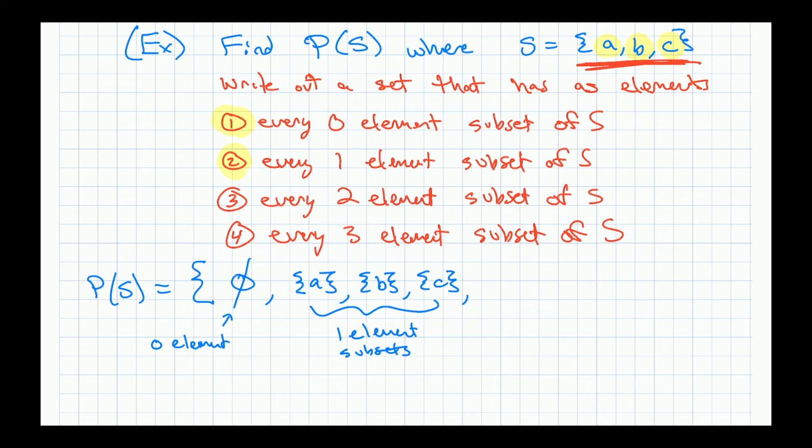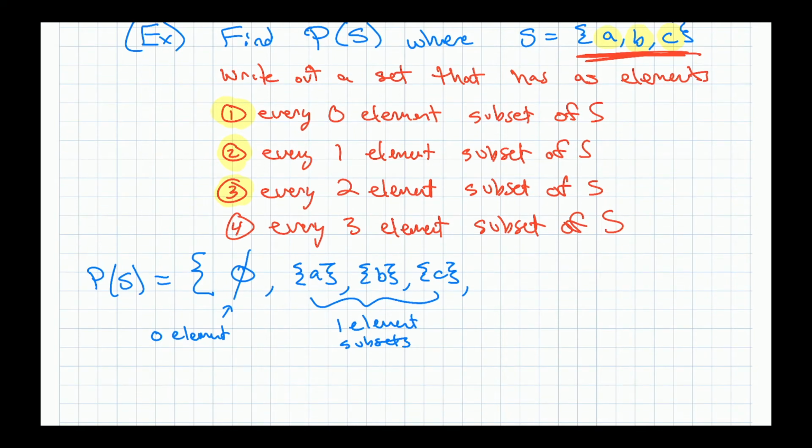Now we move on. Now we need every 2 element subset. So that's going to be every combination of 2 things out of S. So for ABC, you're going to need an A and a B. That's one of them. You're going to need an A and a C. That's another one. And then you're going to need what's missing, a B and a C. And then there's your 2 element subsets.